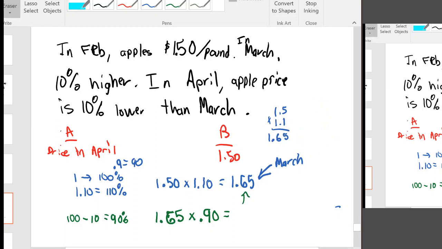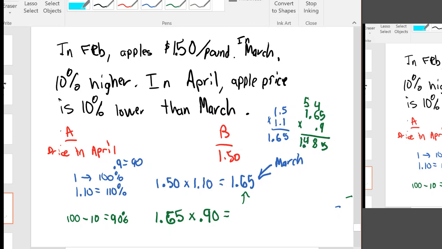I just multiplied wrong, which is kind of embarrassing, but let's do this multiplication problem again. We have 1.65 times 0.9, so that's 9 times 5 is 45. 9 times 6 is 54, plus 4 is 58, and 9 times 1 is 9, so I have 1,485.